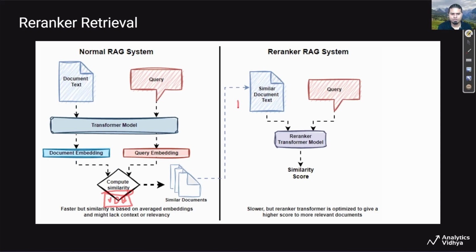And then you take each of these documents and your question and you pass it into a re-ranker. This re-ranker is typically, again, a large language model, a transformer-based model, and the re-ranker will rank each of the similar documents based on a relevancy score. And then you can take the top most relevant documents based on the re-ranker.